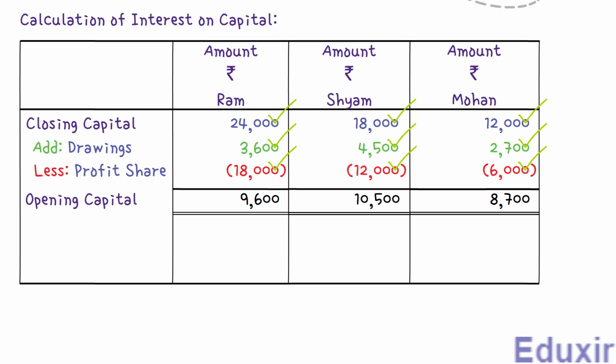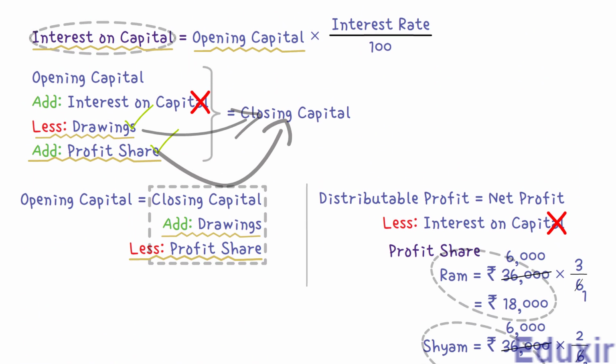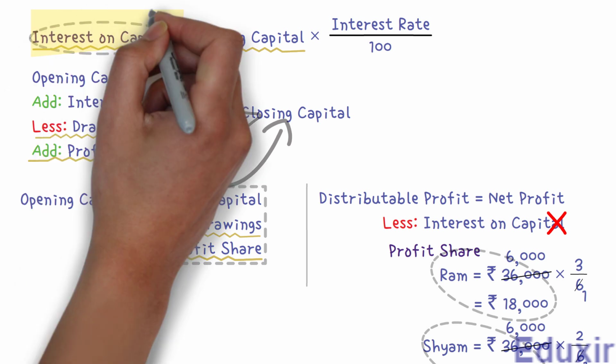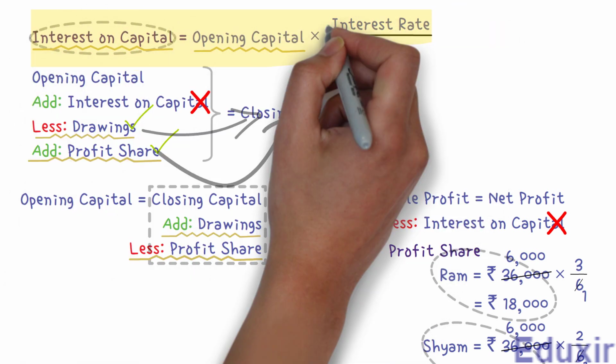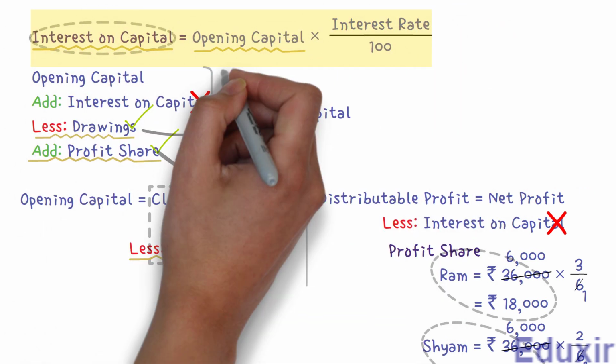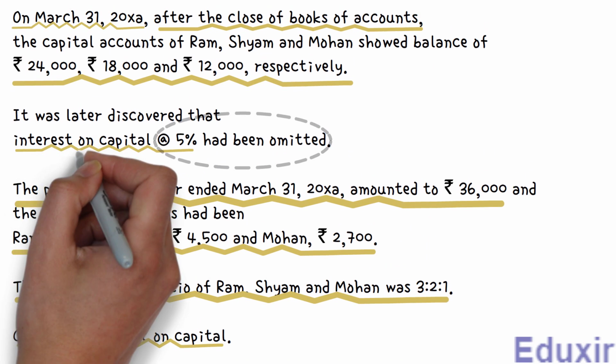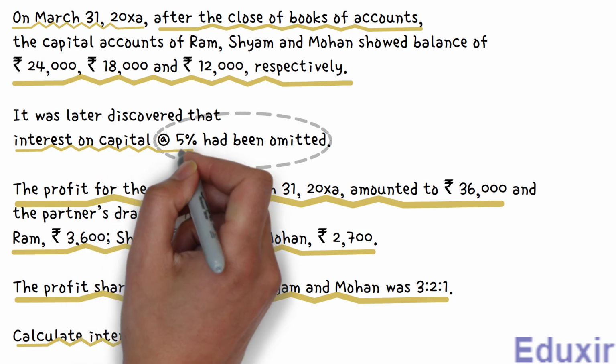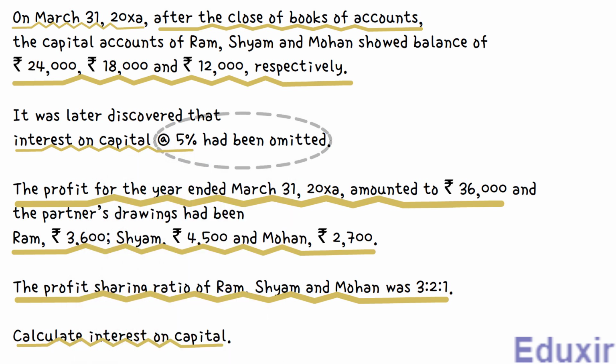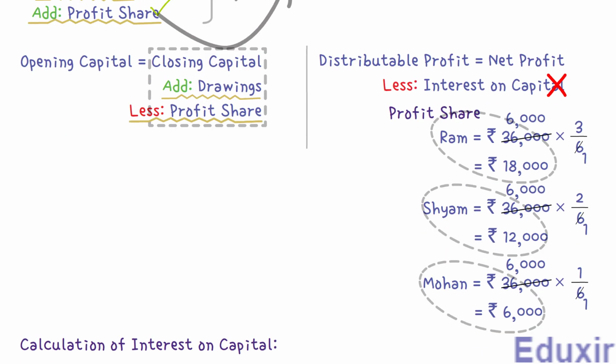Just to remind you, the formula for calculating the interest on capital is given as interest on capital is equal to opening capital multiplied with the interest rate on capital upon 100. Also, the interest rate on capital is at the rate of 5% per annum. So, with this information, let us calculate the interest on capital.